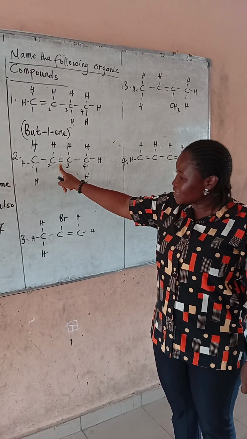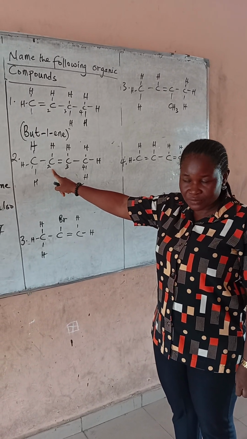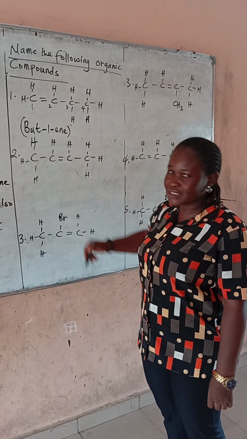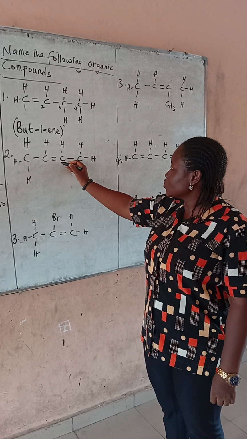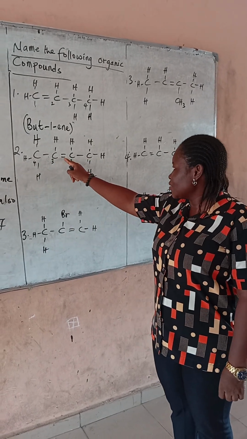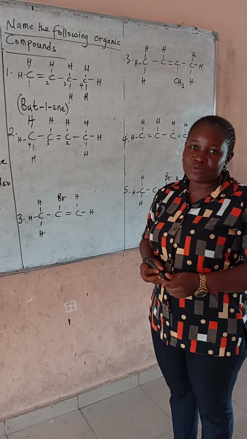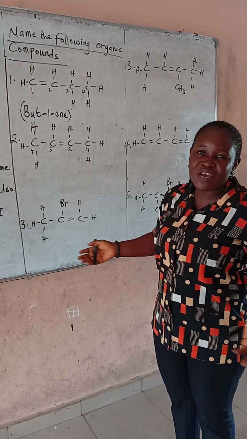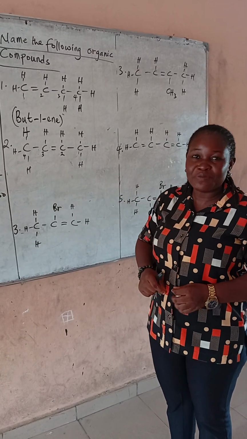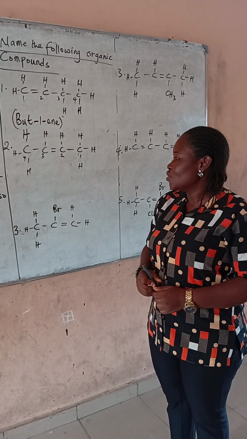The double bond is at carbon number 2, right? If we also want to number from the right, we'll have 1, 2, 3, and 4. The double bond is also at carbon number 2, okay? So anywhere you want to number for this particular compound, you will also give the double bond number 2.